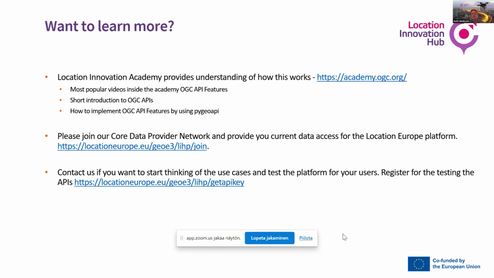But it's an open network, so if you are a private data provider, you can join as well. And if you want to test our implementation, test our API, you can do it for free. It doesn't require any money, but you have to register for getting the API key.